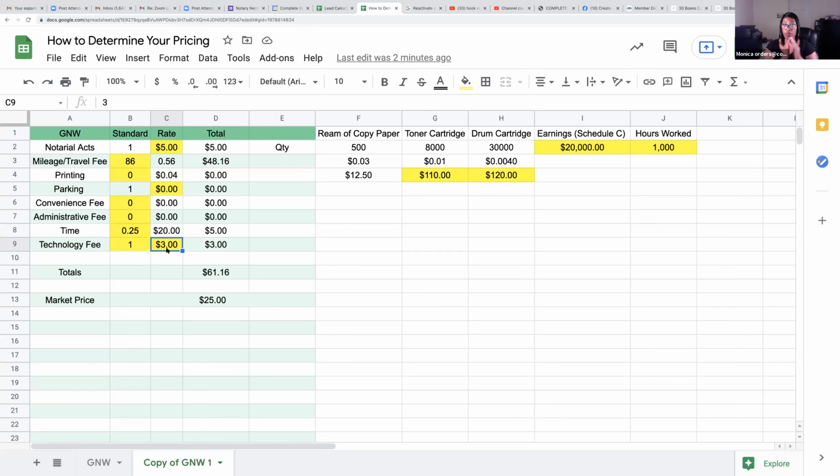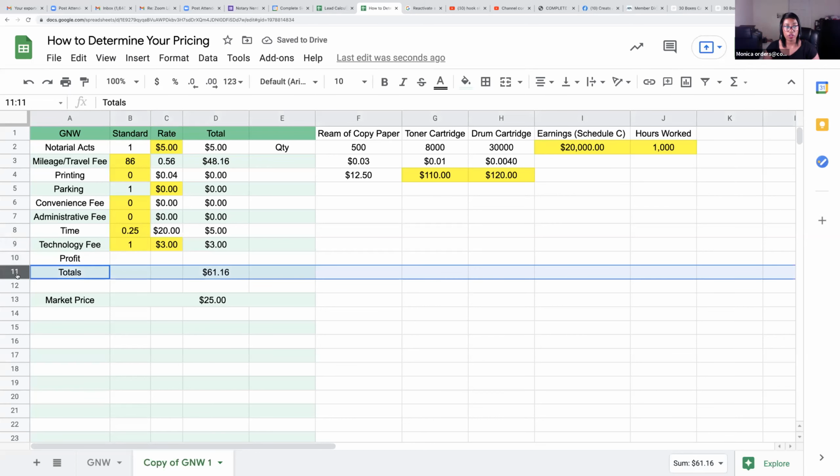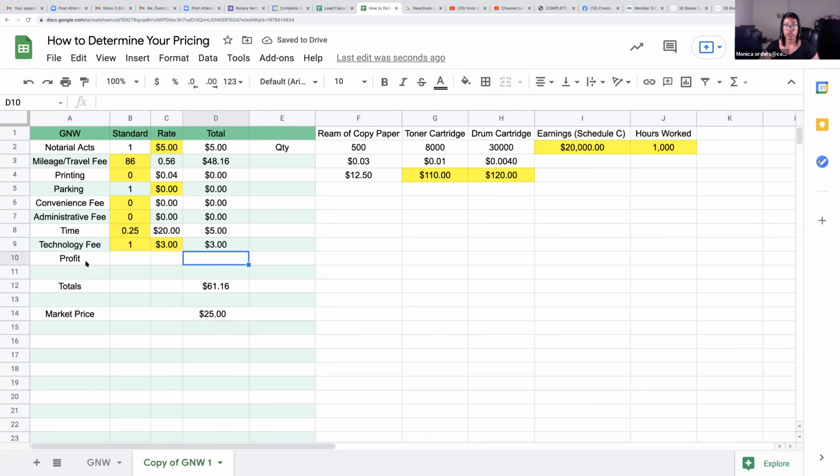And that brings us to the final piece, which is profit. We've built profit in using this model. However, I want to visually show you what it looks like to force it into your pricing.